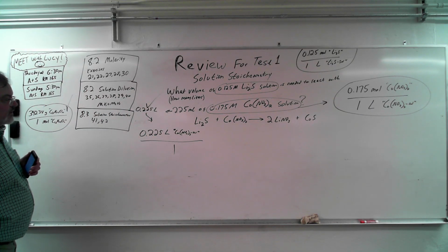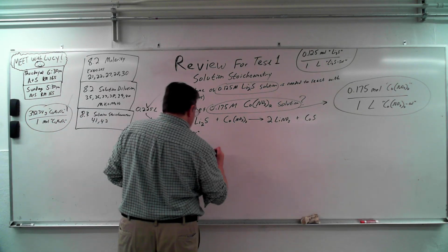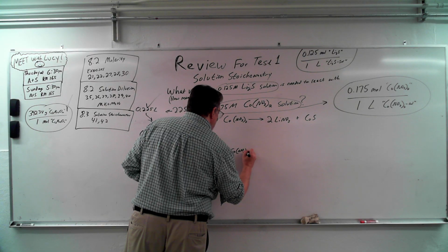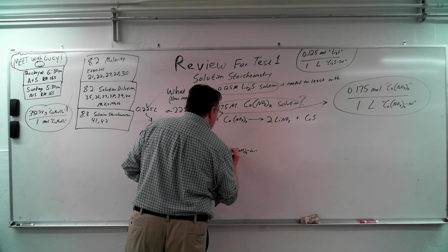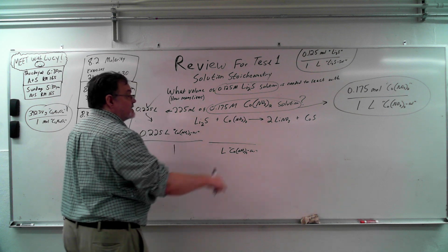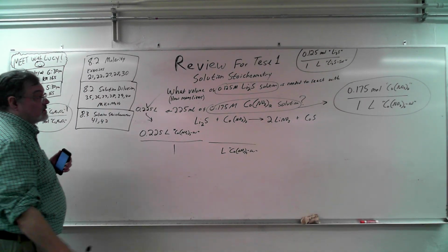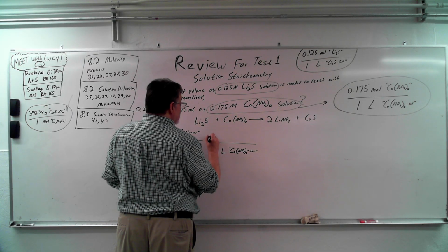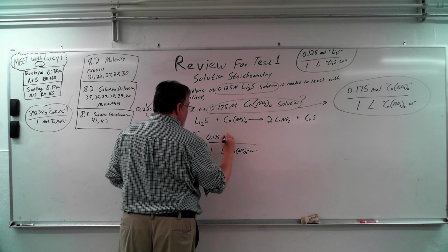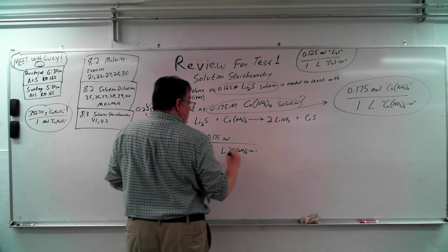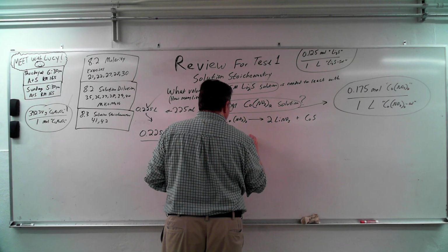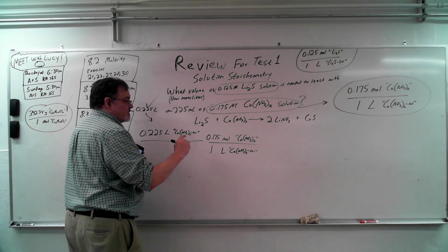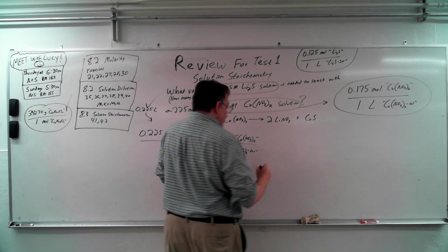We need liters of cobalt 2 nitrate on the bottom. So which one of those has liters of CoNO3 solution? That one. So it's 1 liter to 0.175 moles of cobalt nitrate. That tells us we need moles of cobalt nitrate on the bottom.